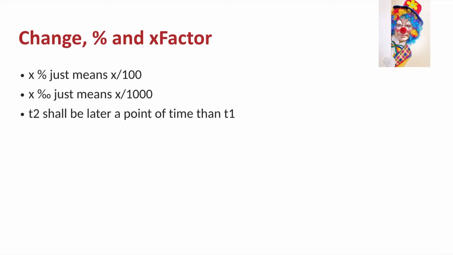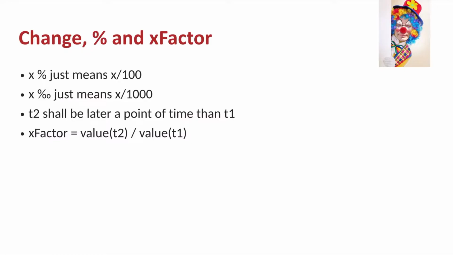T1 shall be an earlier time point than T2. So then we can say what is the X factor? The X factor is the value at T2 divided by the value at T1. So the value at the end divided by the value at the beginning.